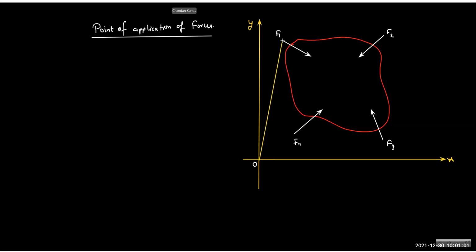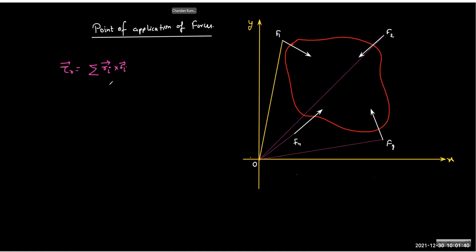Maybe the first force is here, second is acting here, third is... So the torque about O due to all forces is the summation of Ri cross Fi.